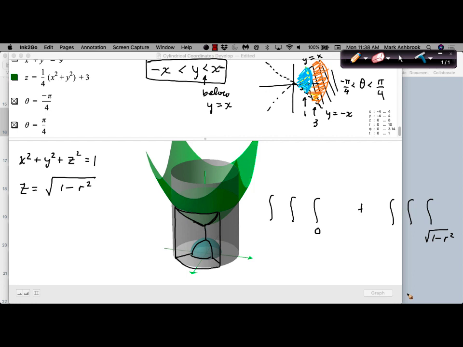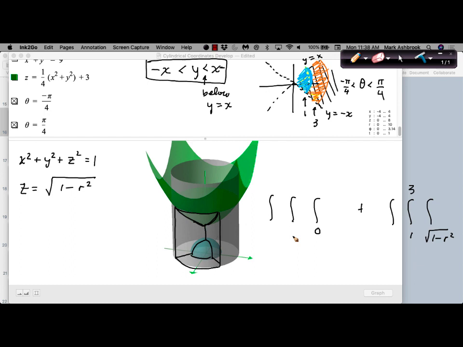And so that's where the arrow pierces in. It pierces in at 0, or it pierces in at square root of 1 minus r squared. Where does it pierce in at 0? When r goes from? Right. When z equals 0 corresponds to r going from 1 to 3.